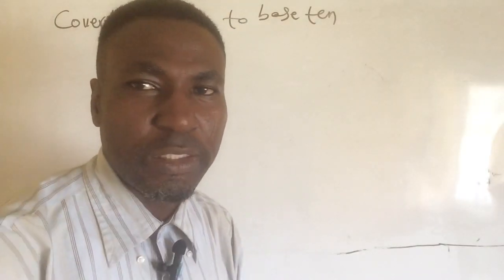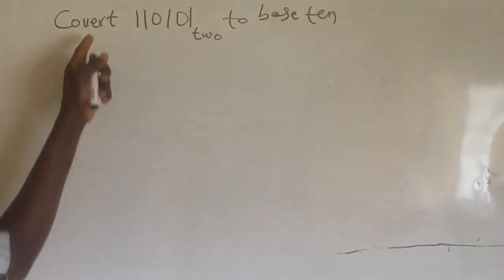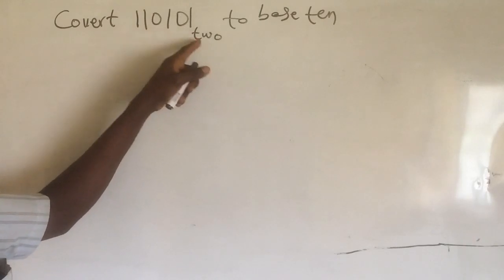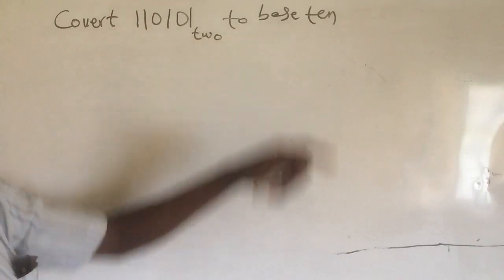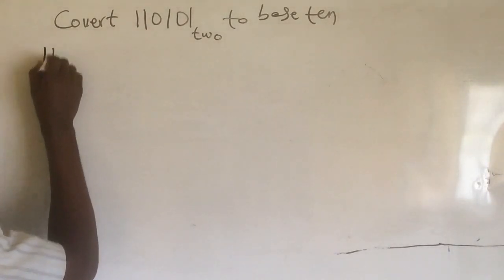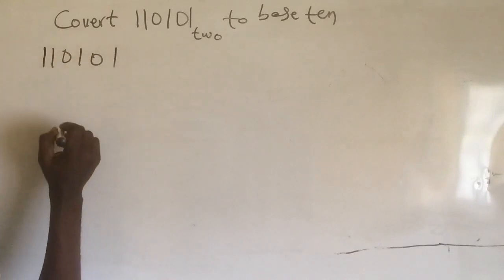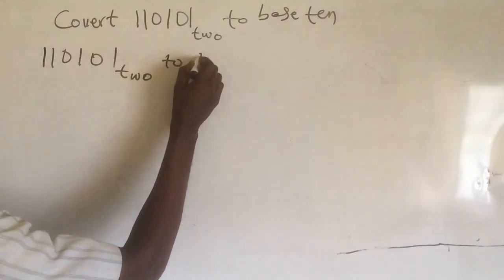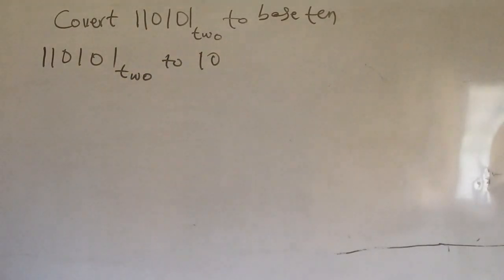So let's quickly treat this. The question says convert 110101 base 2 to base 10, and this is how to do it. The first thing you do is to number this number.